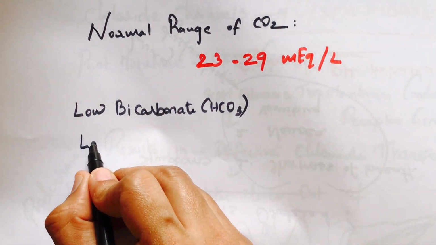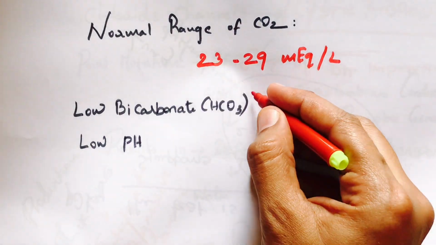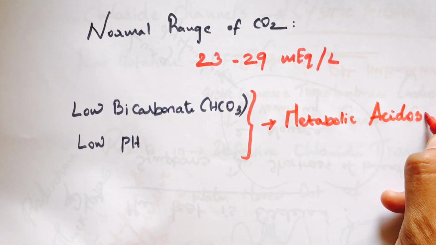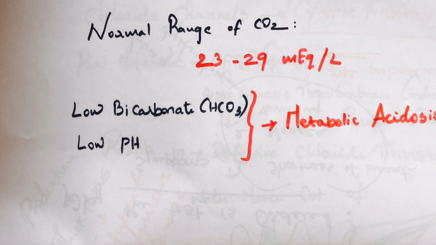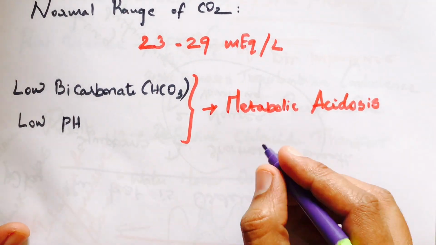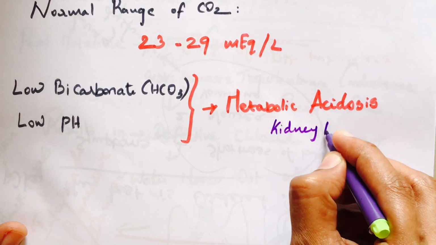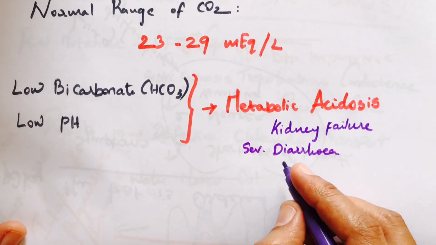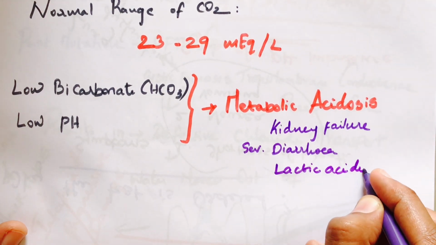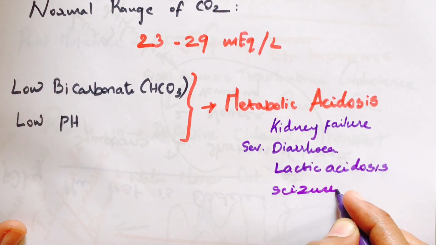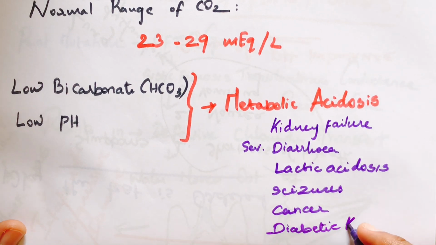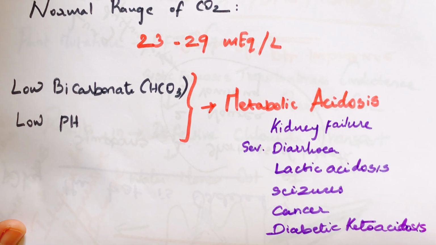And when there is low bicarbonate and low pH, that is metabolic acidosis. And what are the causes of metabolic acidosis? Renal failure, severe diarrhea, lactic acidosis, seizures, cancer, diabetic ketoacidosis.